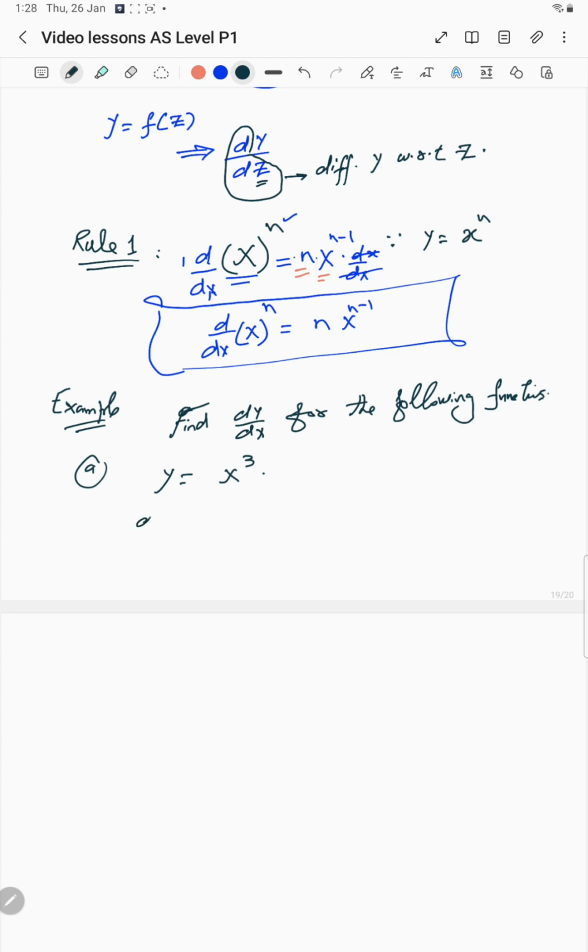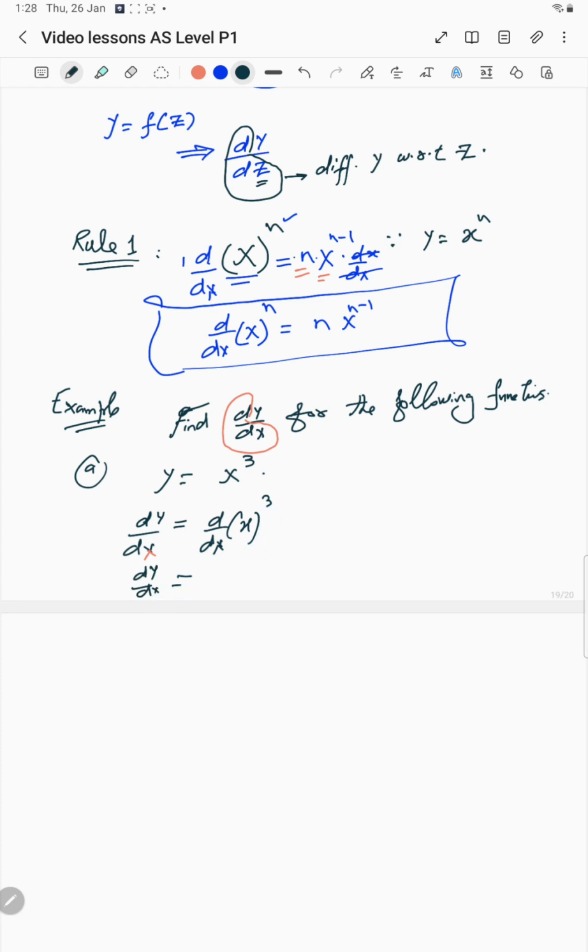So I need to find dy by dx, because d by dx, as I told you, means we have to differentiate with respect to x. So this left side becomes dy by dx, and here we will write d by dx of what we are going to differentiate. This becomes the question we are going to find.